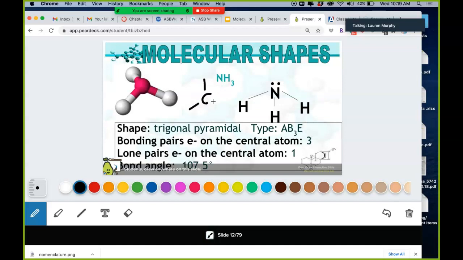Here's what CH4 looks like. They look alike, except this is a bonded pair and this is a lone pair. They both have 4 electron domains, but lone pairs cause a tiny bit more repulsion on the bonded pairs. So this was 109.5, and this lone pair causes this to be a little bit smaller at 107.5 for trigonal pyramidal, because it's a lone pair up here instead of a bonded pair.